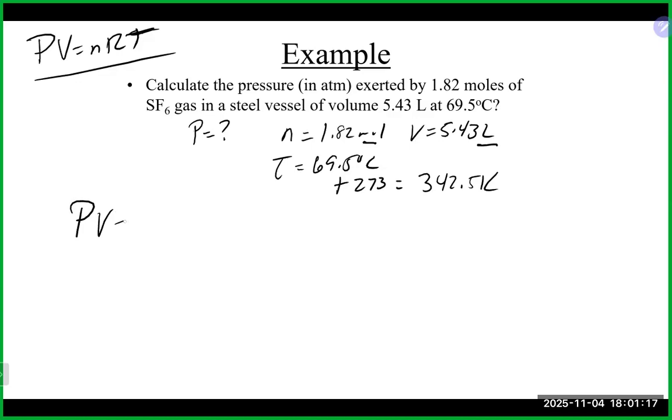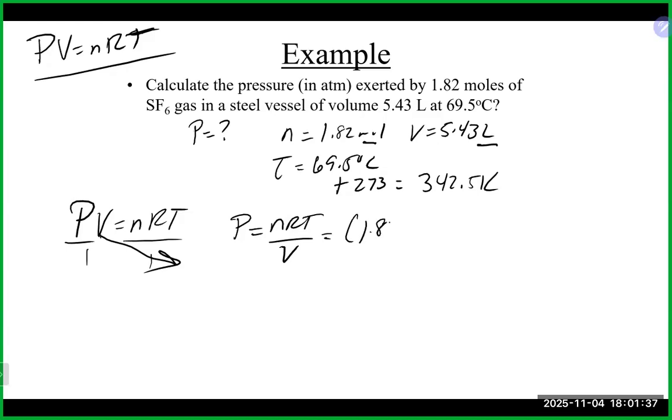So PV equals nRT. In this case, we are solving for pressure. It's not really a fraction, but when you move something to the other side, it ends up on the opposite location. So we'll divide by the V there and that gets us P equals nRT divided by V. Putting in our numbers here, 1.82 moles, 0.08206 liters atmosphere per Kelvin mole.